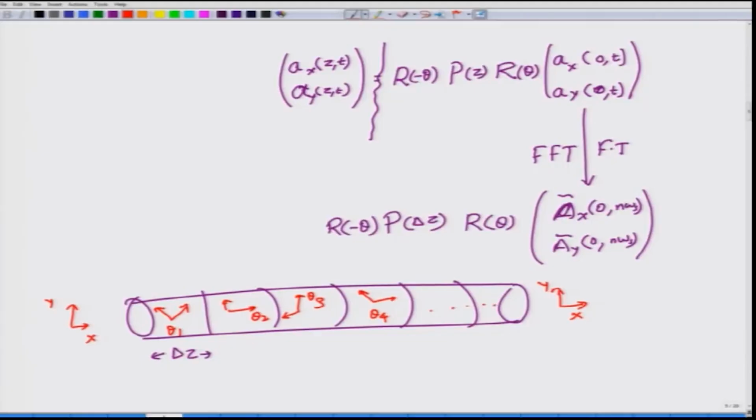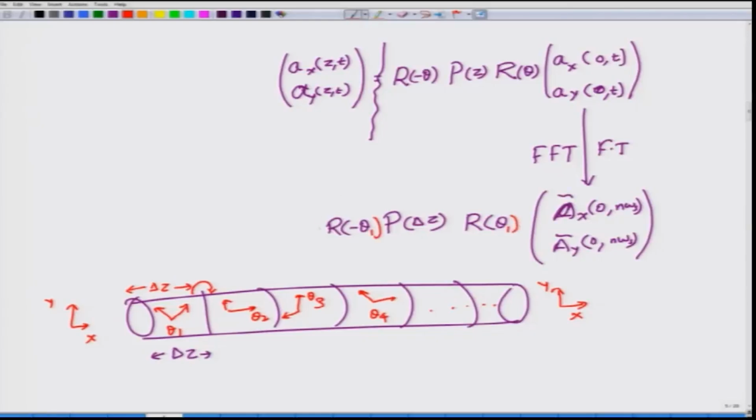We assume that over the length delta z, the birefringence axis or equivalently the angle theta 1 is fixed, but once you go from one section to another section, the angle theta actually changes. Therefore, if you propagate this over a length delta z, what you have to do is to propagate it with the appropriate angles as well.